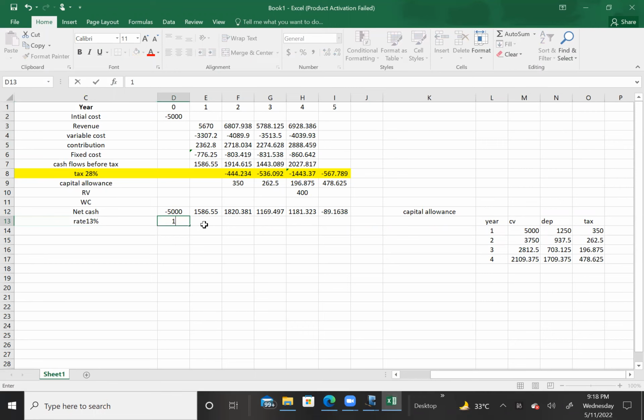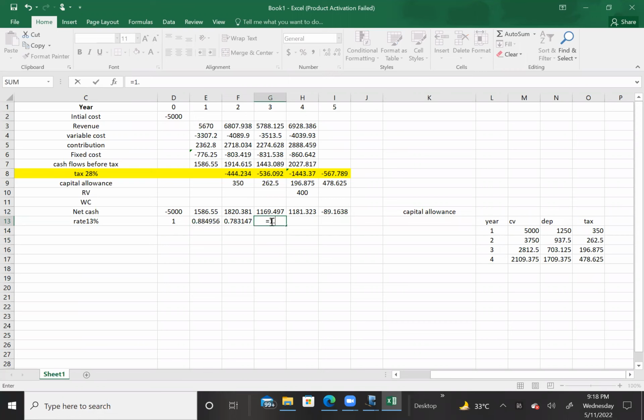For year 0, it will be 1. For year 1, it will be 1 plus 13% raised to power minus 1. For year 2, 1 plus 13% raised to power minus 2.